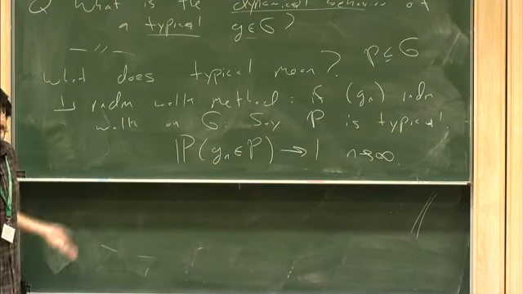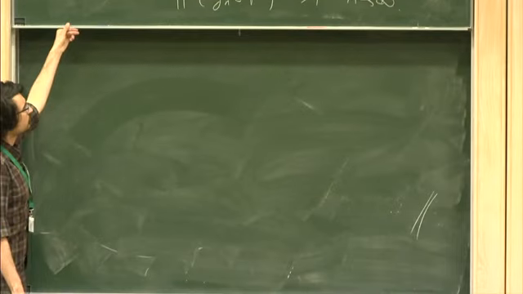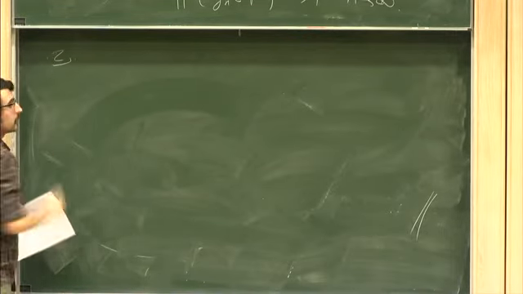I'll say that the property is typical with respect to the random walk. Okay, so we'll come back to this later. But that's maybe method 1.